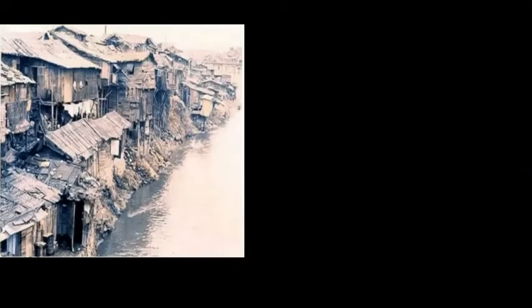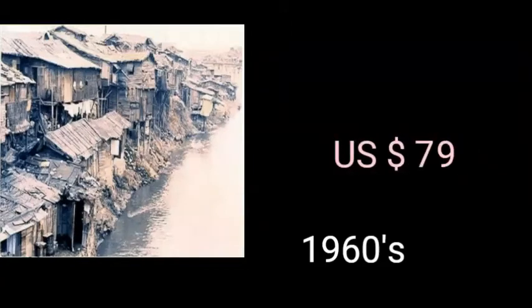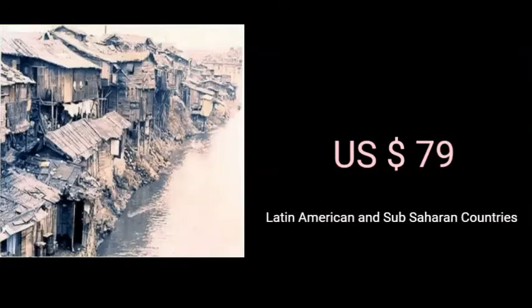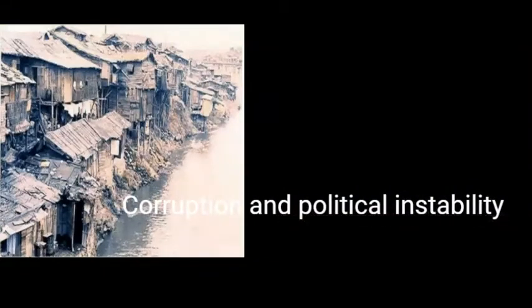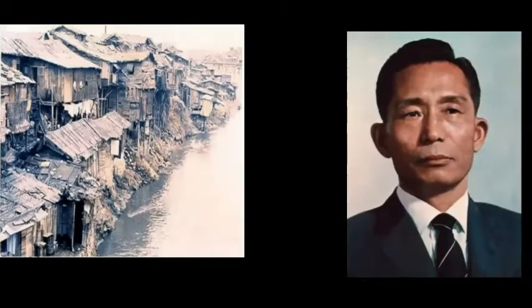After the war, in the 1960s, the GDP per capita of South Korea was only 79 US dollars, lower than most Latin American and sub-Saharan African countries. Corruption, ineffective government, and political instability continued until General Park Chung-hee became president in 1961.